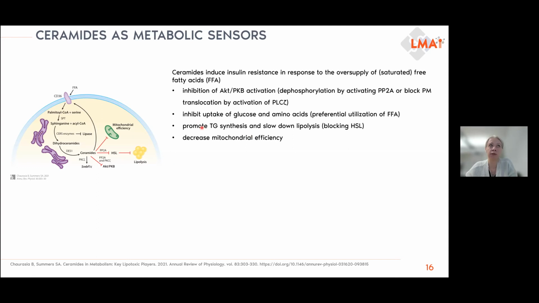They promote triacylglyceride synthesis, slow down lipolysis, and also decrease mitochondrial efficiency. So at this point, the first event in the ceramide accumulation can serve rather as an adaptive mechanism, but if the system still remains overloaded with free fatty acid supplies, this accumulation becomes cytotoxic, and this is usually what is described in many cases for ceramides.